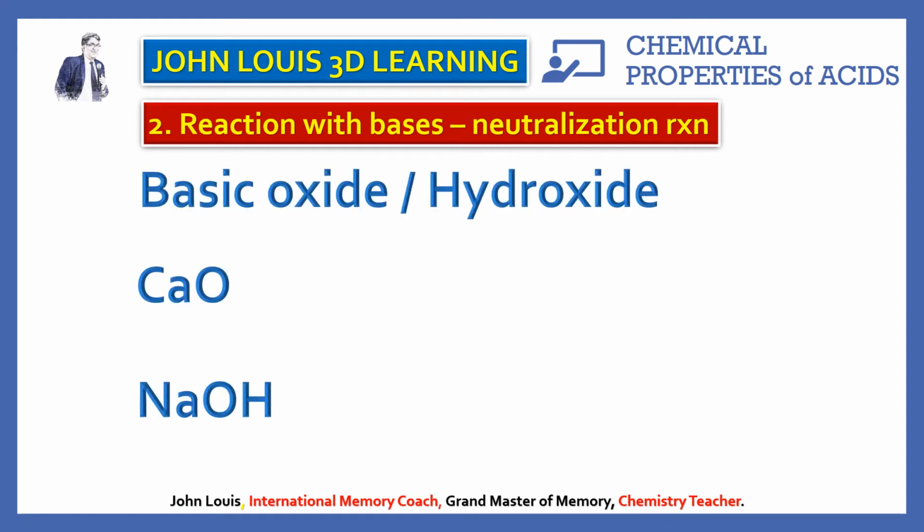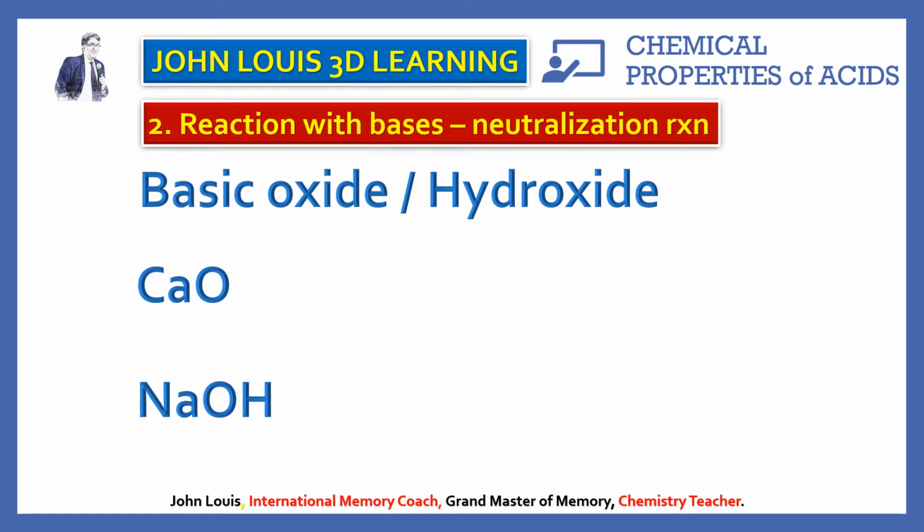What we have already learned: when any acid reacts with a base, it forms salt and water. That is what is called a neutralization reaction. Any basic oxide, that is metal oxide, is basic in nature. For example, we have taken calcium oxide, or you can take any metal hydroxide, such as sodium hydroxide. These two are bases.